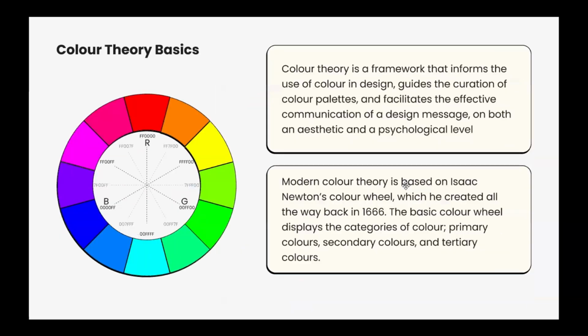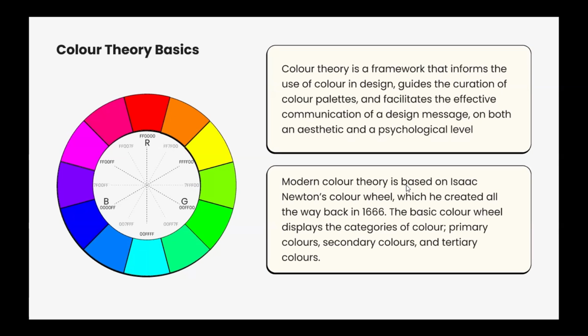So now let's talk about the color theory. So the basics. From my explanation, color theory is a framework that informs the use of color in design, guides the curation of color palettes, and facilitates the effective communication of design message on both an artistic and a psychological level.